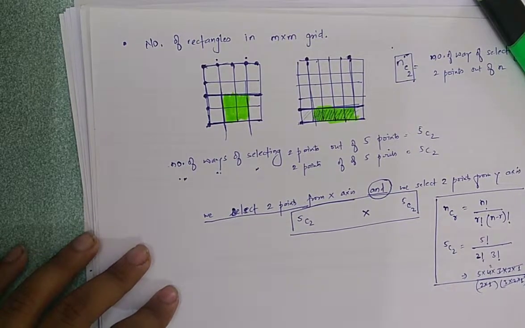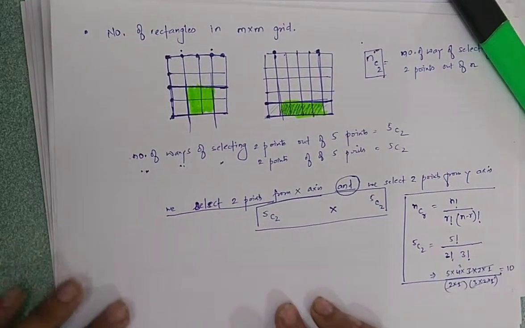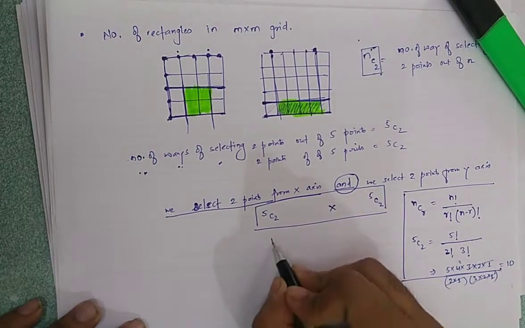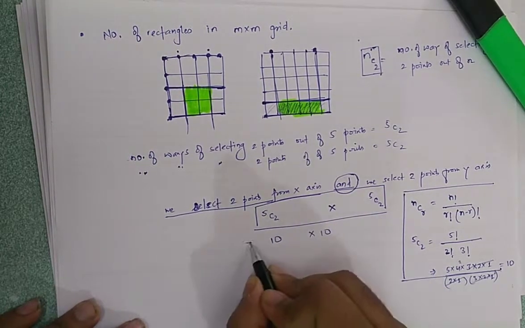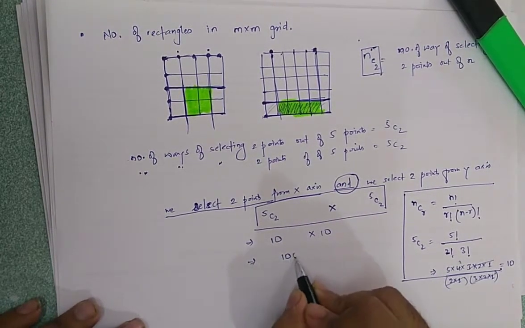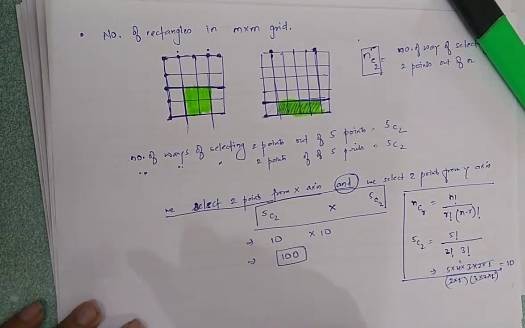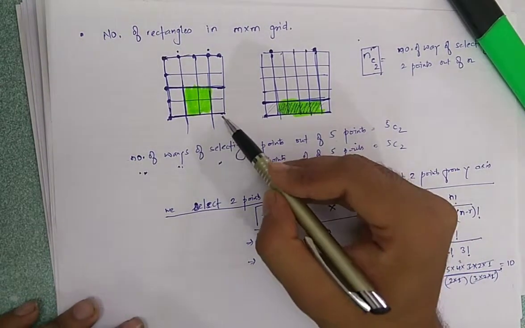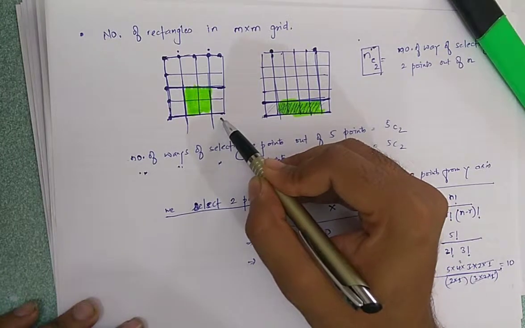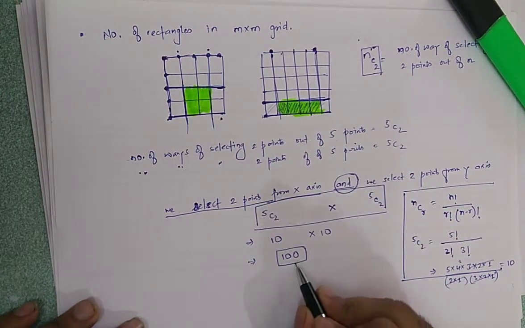The value comes out to be 10. So putting this value over here, 10 into 10, we get 100, which means the number of rectangles in a 4 into 4 grid is 100.